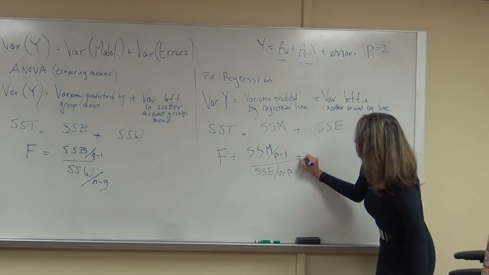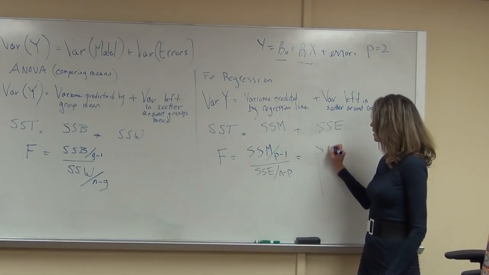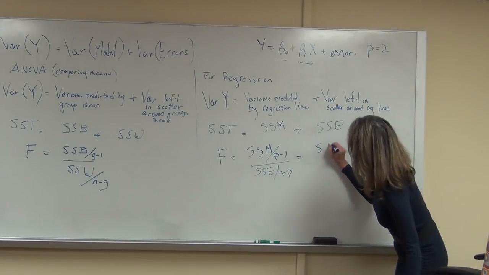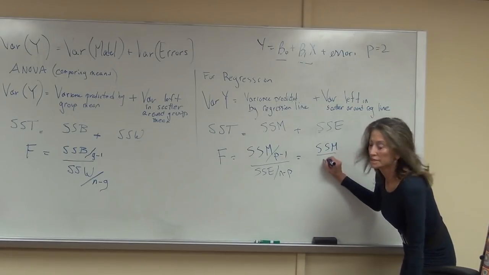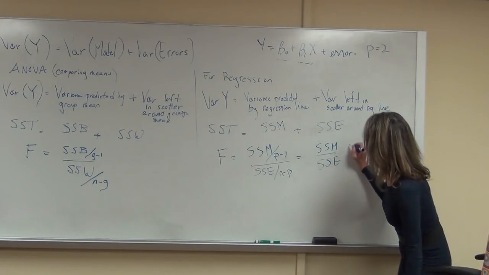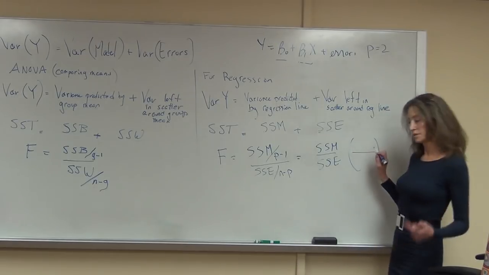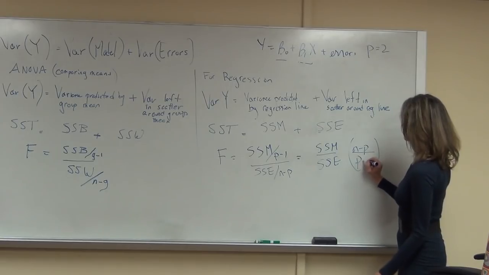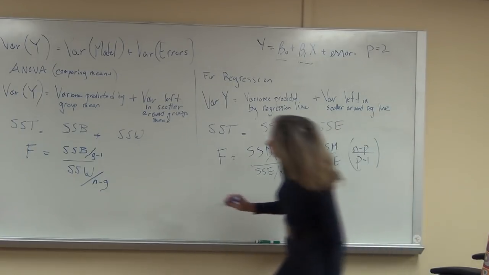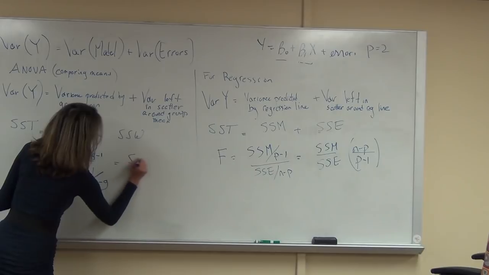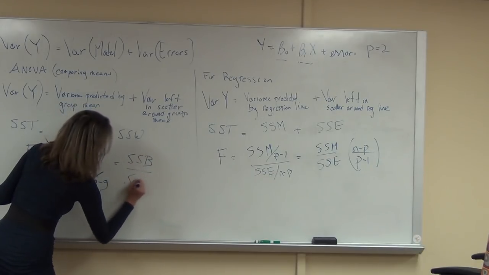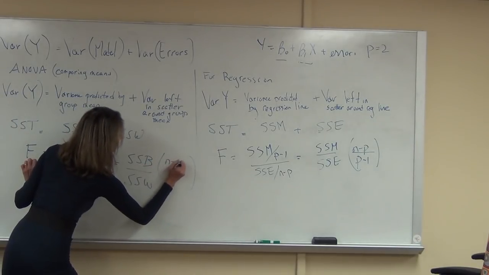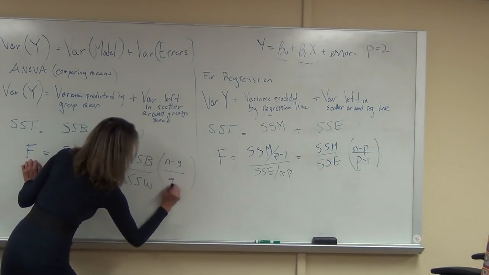Okay, and so another way to look at this, if we simplify this, we get SSM over SSE, tweaked by N minus P over P minus 1. And here, it's the same thing. When we simplify it, we're going to get N minus G over G minus 1.